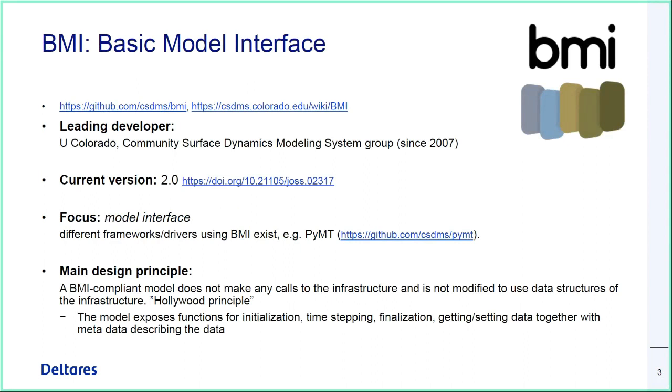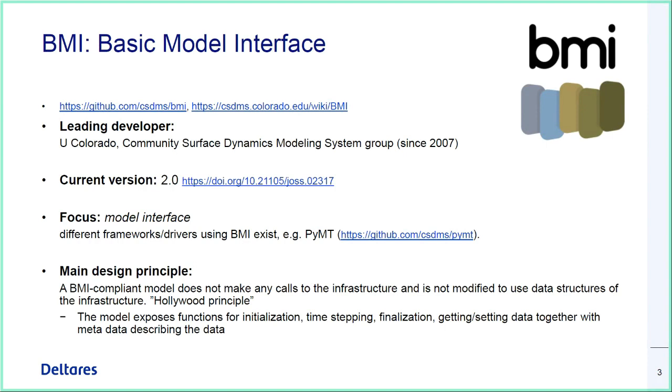So BMI is the basic model interface, started about 2007. Primary developments happened at the University of Colorado Community Surface Dynamics Modeling System group. Current version is 2.0. It's a framework session, but BMI's primary focus is the interface.